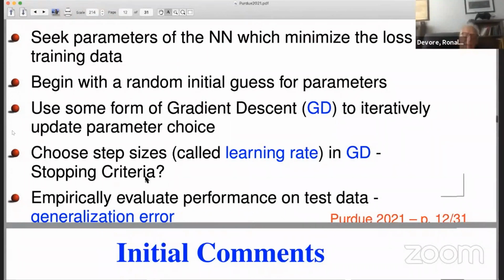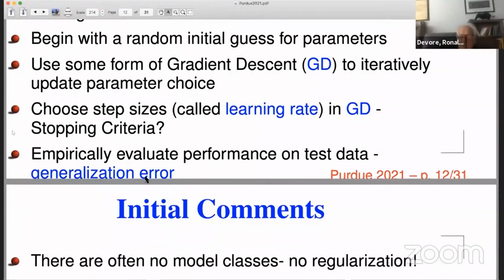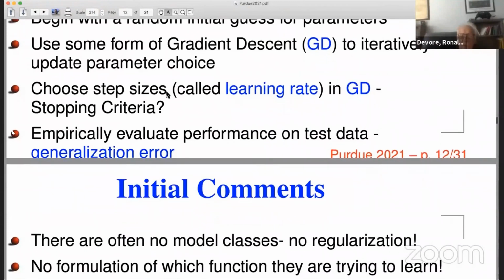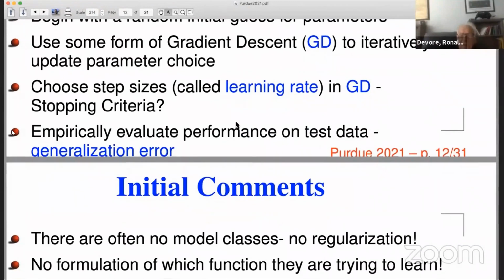And at the end of the day, after they create their F hat using the technology I just described, they evaluate performance on the test data by something called generalization error. We're going to get into this in a moment, what generalization error is, put this on the side for the moment.